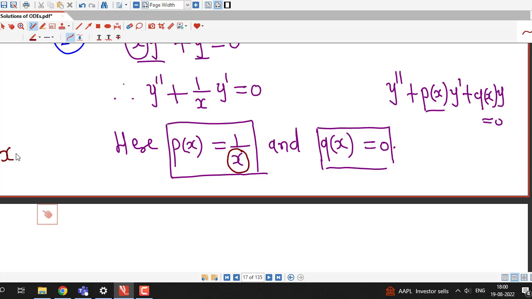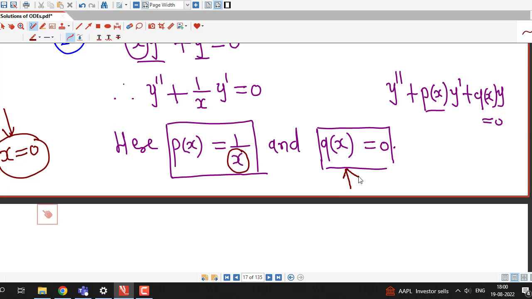The denominator is simply x, which is 0 only if x equal to 0. So p(x) is not analytic at x equal to 0.